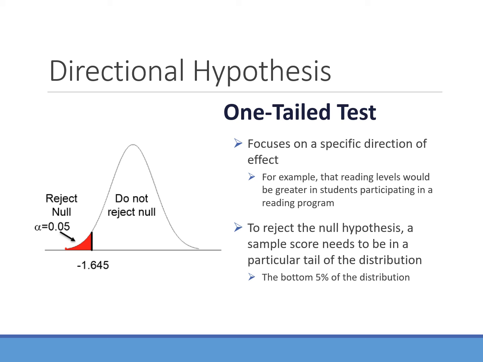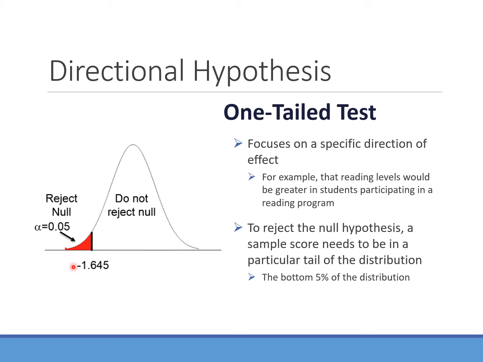And so that means we were looking at a specific direction of the effect, okay? So in our specific test, we were looking at a one-tailed test that was specifically lower, okay? One-tailed tests can also be higher, okay? We might have a reading level that might be greater in students participating in a reading program, and so it would be flipped.